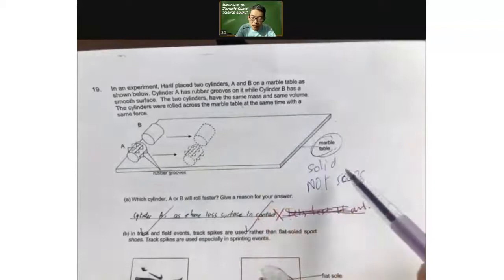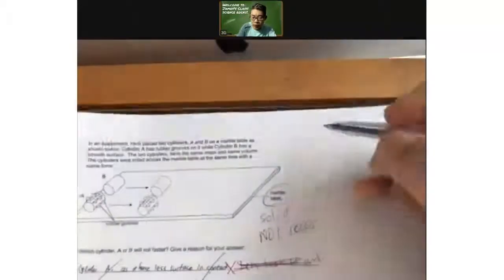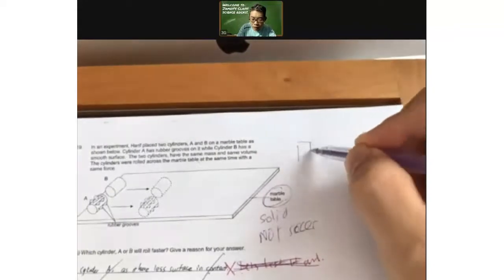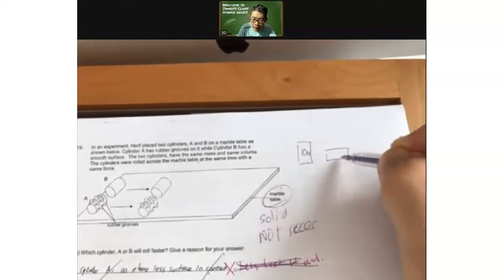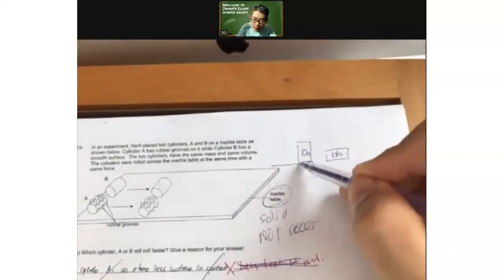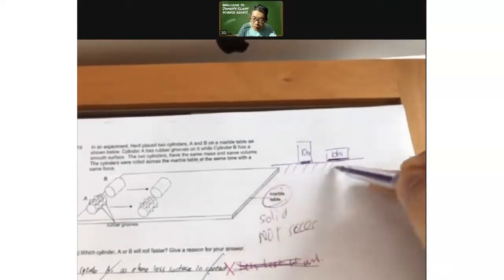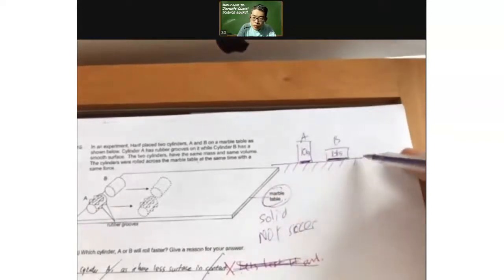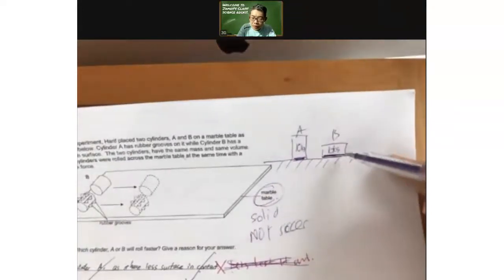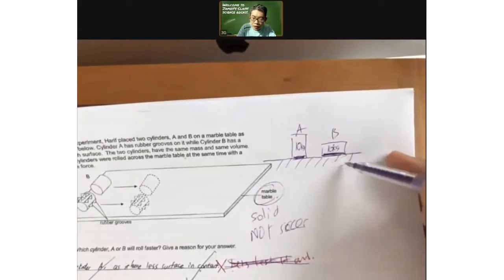Now, these 2 objects have the same mass and same volume. I'm hesitating here because of the experiment that you could have done before. Let's say I have 2 blocks, both at 10 kg. And this is a surface in contact with the tabletop. Comparing the 2 objects of the same mass, B obviously has more surface in contact with the tabletop compared to A, right?